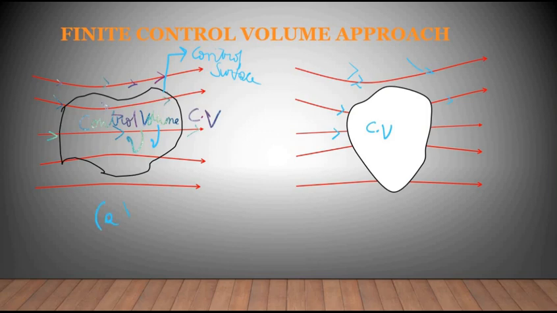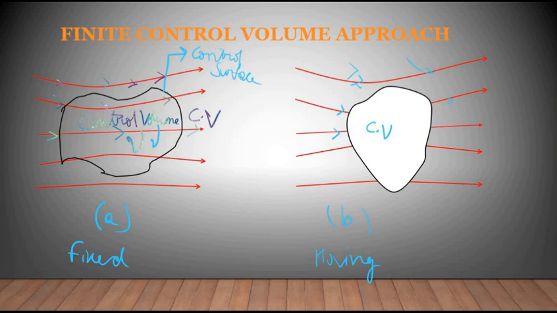Let us say this is our figure A, where my control volume is fixed over here and the fluid is moving through it. But we also have a second possibility. What is that second possibility? That my control volume is itself moving with the fluid. My control volume is not stationary. So this is my moving control volume.